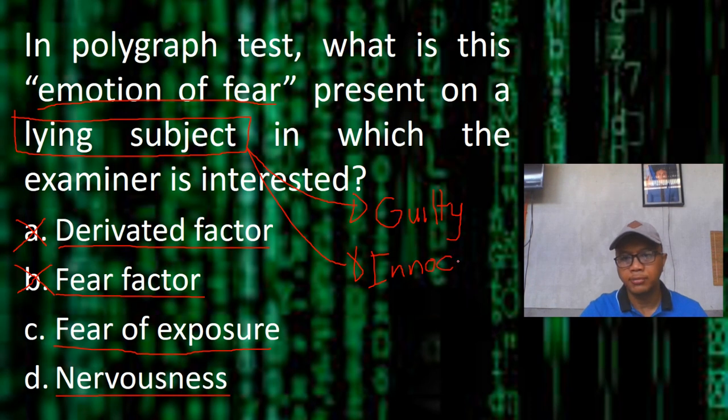So we have a lot of other terms to use. Instead of guilty, we could say deceptive, or we could say lying subject. In the case of innocent, instead of that word we could use truthful or honest subject.